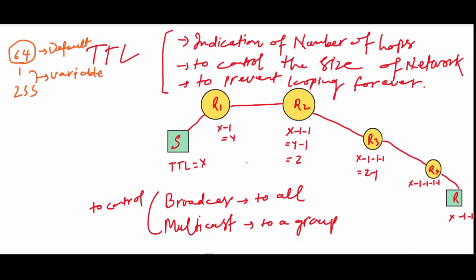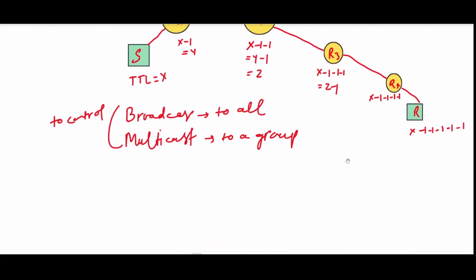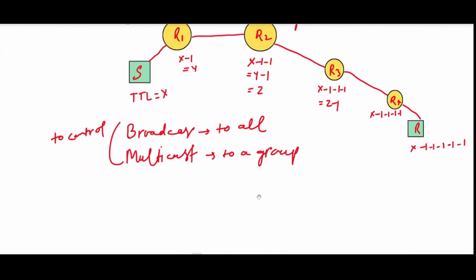When the TTL field reaches zero, the packet is discarded, and the router that discards the packet sends an ICMP packet. Clear? Suppose you decide the TTL value is 2. Here the packet will be received, but it will not go to the destination.